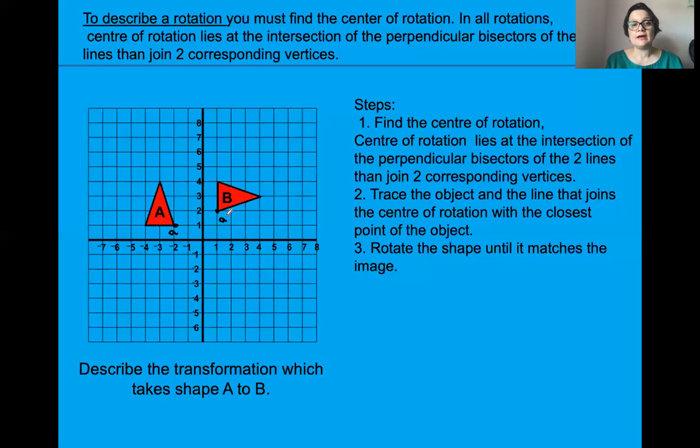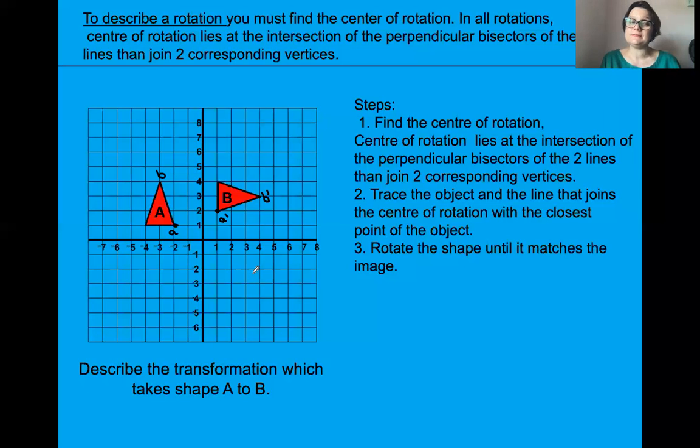And this vertex here, I'm going to call it B, and this vertex here B prime. So A prime, B prime.